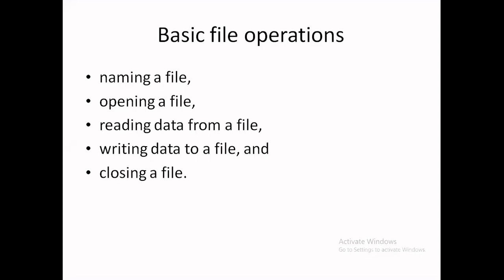Writing means you can delete previous information, write something, or modify something. You can do any modification, reading or writing. Then finally, closing the file. These are the basic file operations. The same operations we are going to program in files.